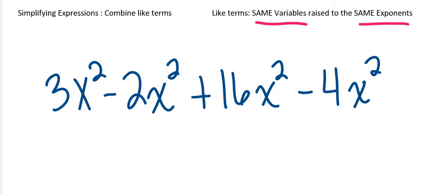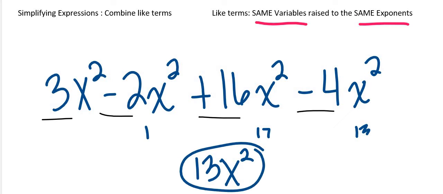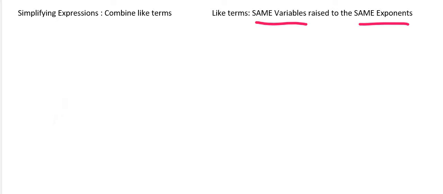Therefore, I can combine them all and simplify this down. 3 minus 2 is 1, and then 1 plus 16 is 17, and then 17 minus 4 would give me 13. If you need to keep track of it, just make little marks so you can. 13x to the power of 2 would be my final answer, because they all combined and left me with only that one single term, and that is exactly what we wanted.